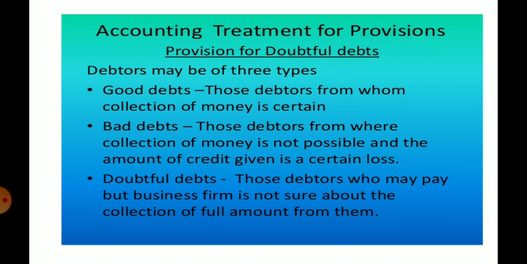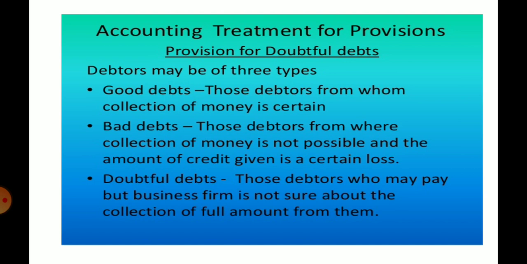Accounting treatment for provision. Here an example is given of depreciation and doubtful debts, so we will discuss doubtful debts. There are three types of debtors. Some are good debts, those debtors from whom the collection of money is certain.